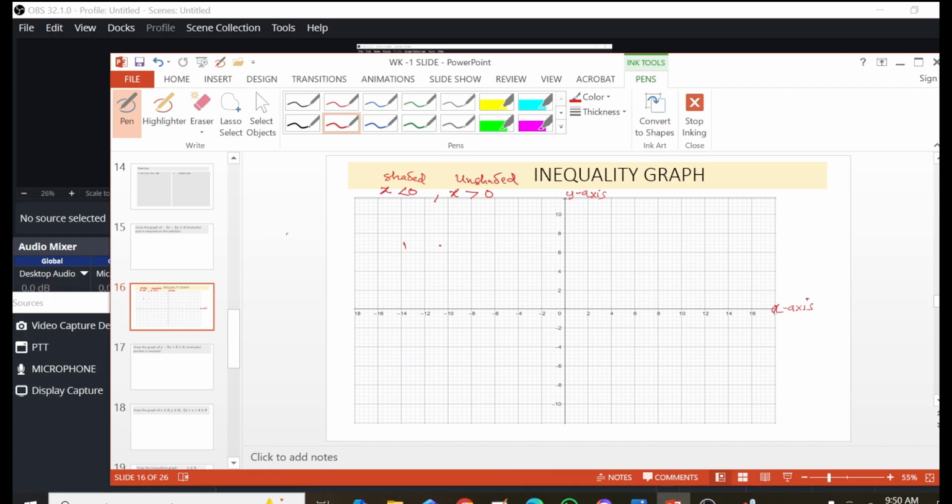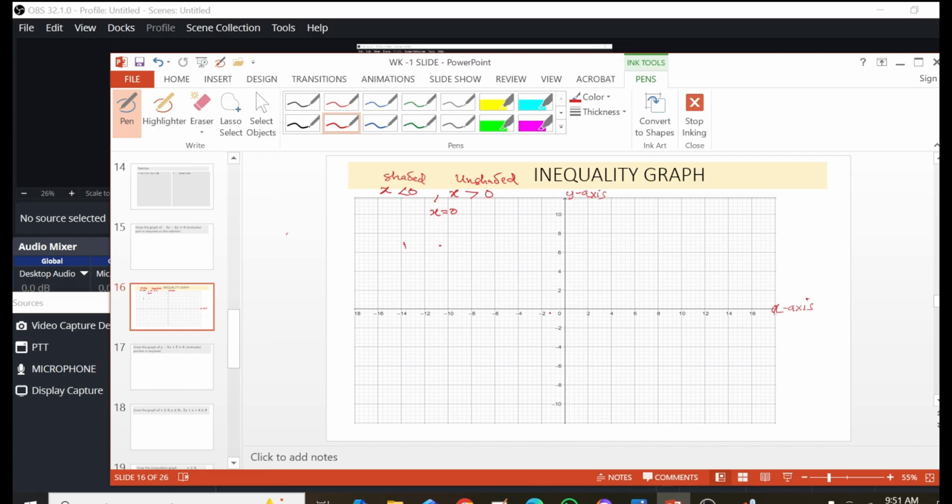Anytime I mention x greater than 0 or x less than 0, the demarcation must be at the point where x is equal to 0. The equality sign indicates a line. Now, if I mention x equals 0, what should come to your mind?